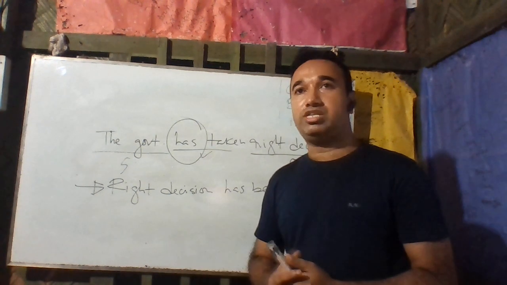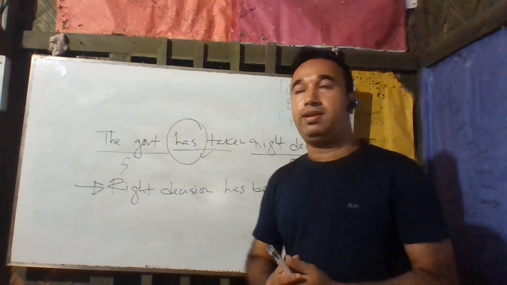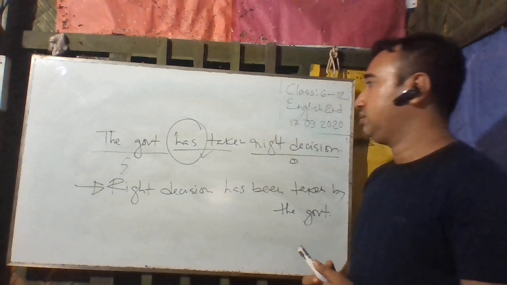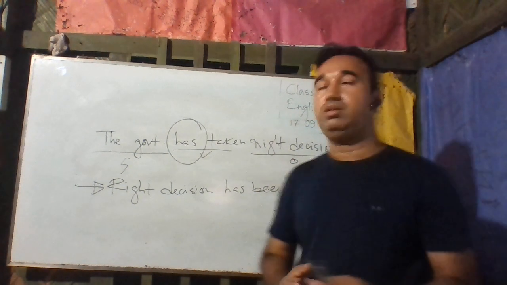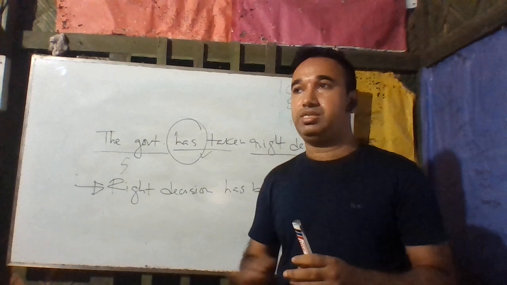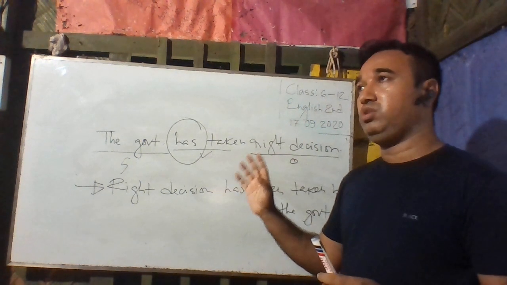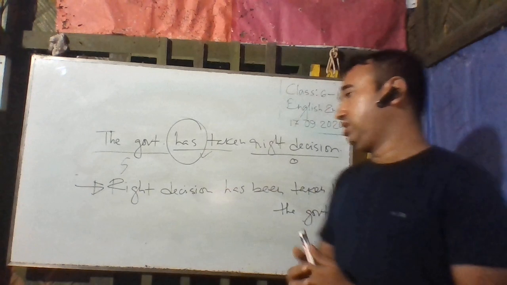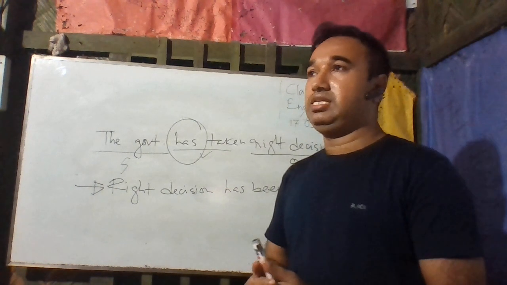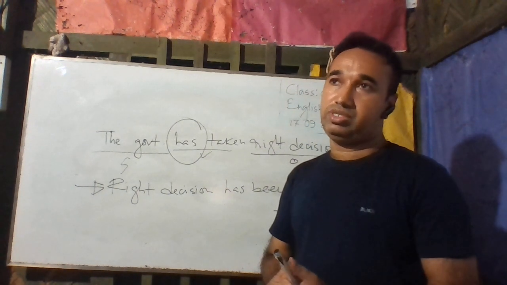You have to know the structures and the chart. That is actually the problem. You will find the problem when you go to use the auxiliary. What auxiliary will you use?